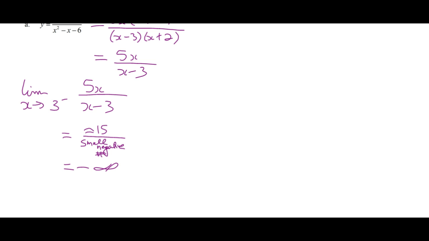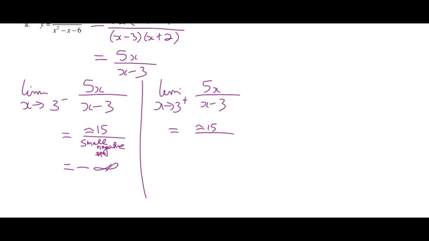And how much space do we have? Well, let's just do this. So what if x approaches 3 from above? What's that going to give us? Well, so about 15 again, over a really small positive number, right? So small positive. And the result will be positive infinity. Okay?